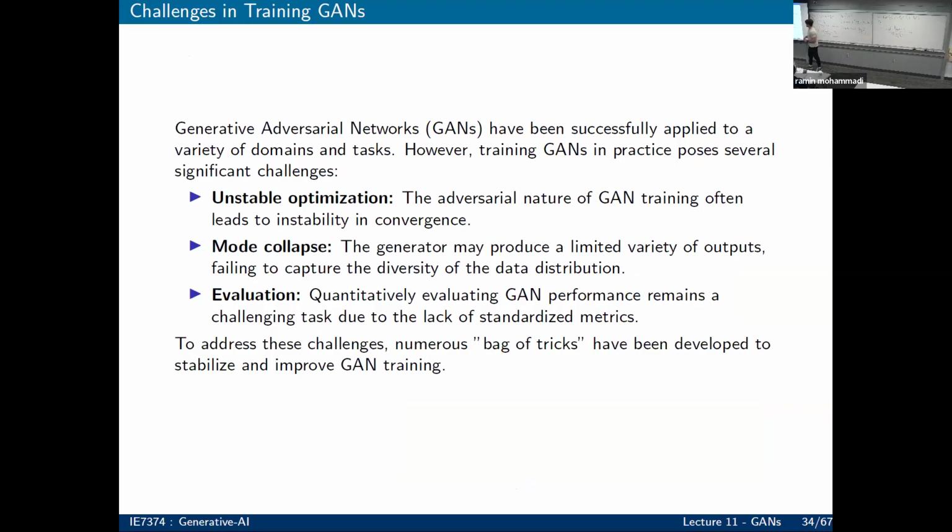One of them is unstable optimization. One problem GANs have is vanishing gradients, and I'm going to talk about why they suffer from that. Another really common one is called mode collapse. Think about it in terms of images. Let's say I'm trying to learn to produce images of different items.